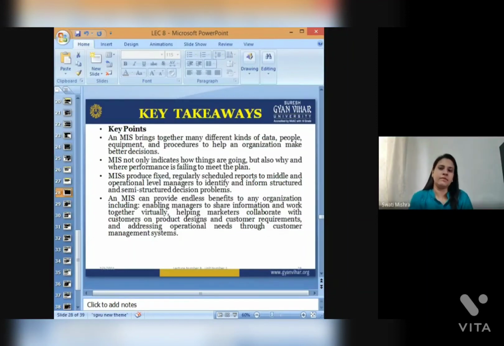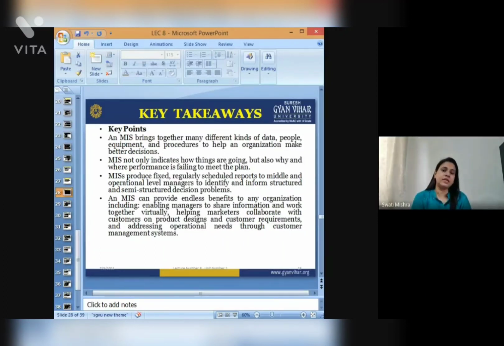So your marketing information system not only indicates how things are going, but also why and where the performance is failing to meet the plan. Similarly, your MIS produces fixed, regularly scheduled reports to middle and operational level managers to identify and inform the structured as well as semi-structured decision problems.